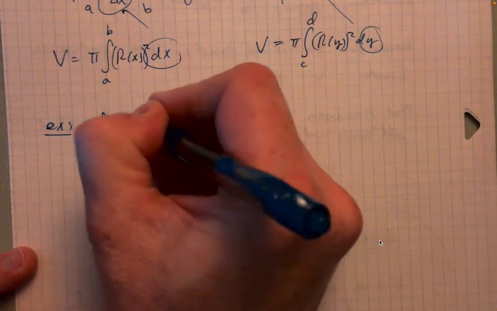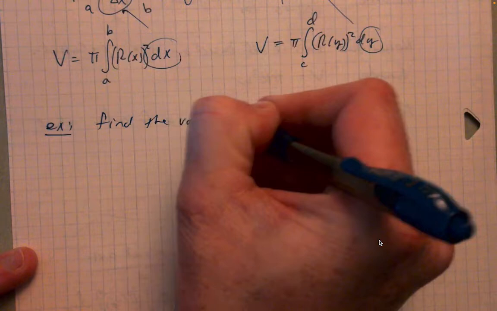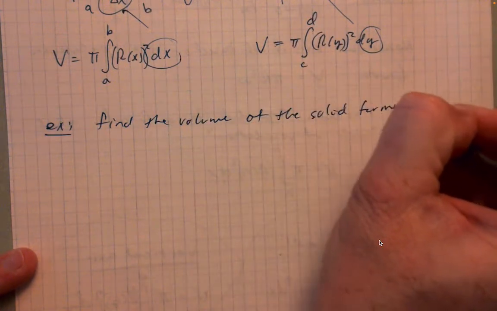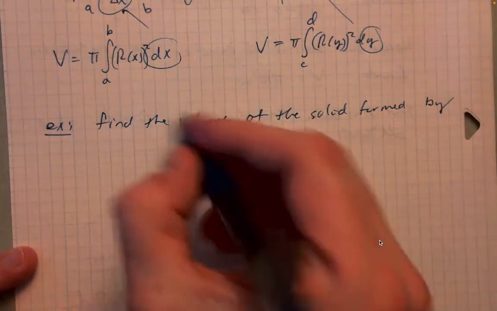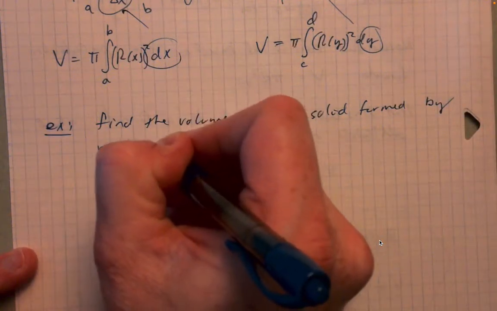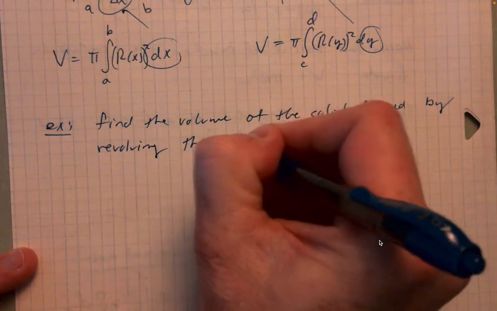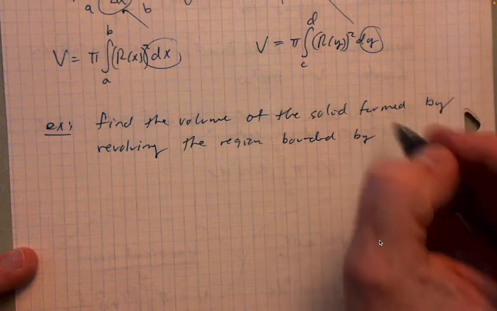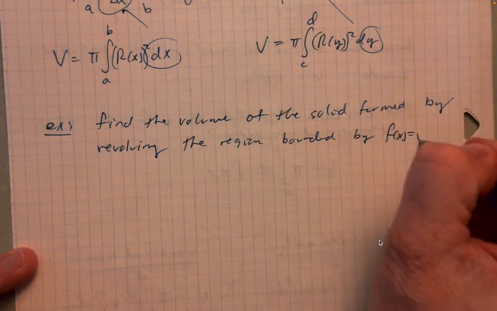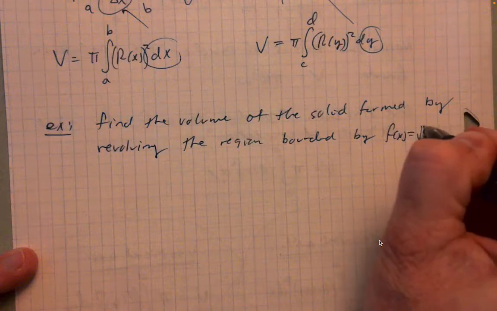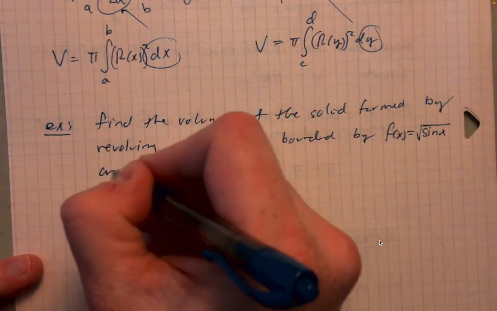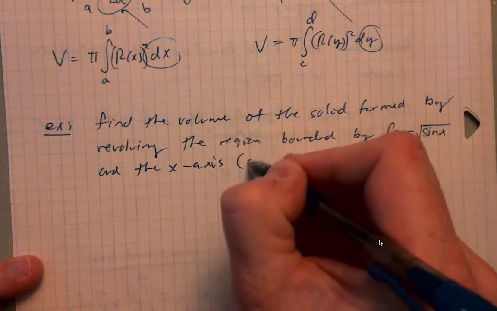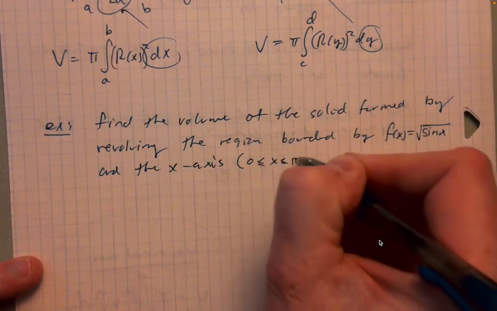So find the volume of the solid formed by revolving the region bounded by, here's our function, f of x equals the square root of sine of x, and the x-axis on a particular interval 0 less than or equal to x less than or equal to pi.